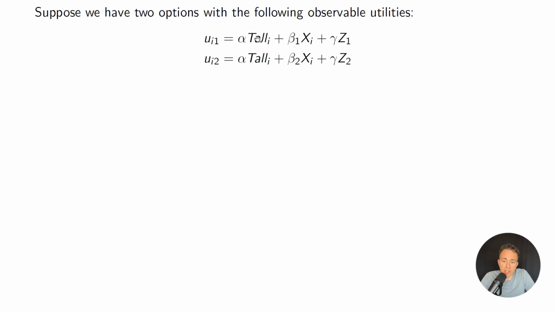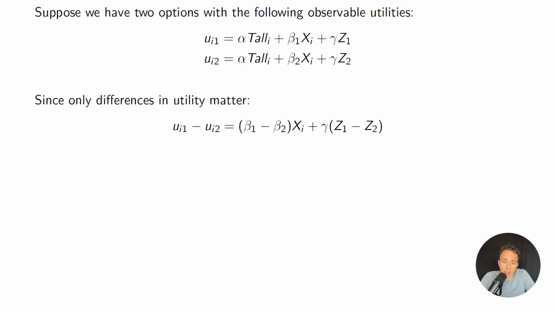And then we also want to try to recover a coefficient alpha in front of whether you're tall or not. So because only differences in utility matter, we have to subtract U_i2 from U_i1. And what that's going to do is cancel out these two alpha times tall terms. And so we're going to be left with the difference in the betas times X plus gamma times the difference in the Z's.